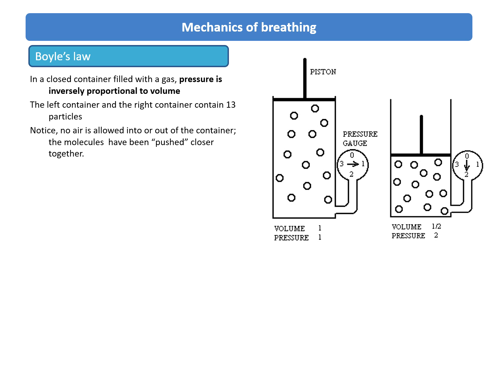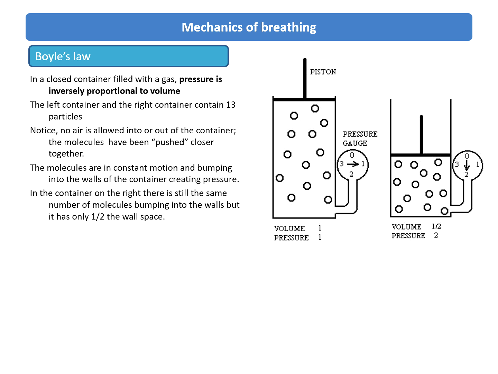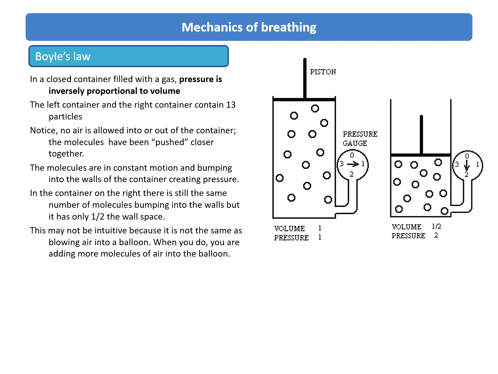The molecules have simply been pushed closer together. Molecules are in constant motion. They're bumping into the walls of the container, creating pressure. In the container on the right, it still has the same number of molecules bumping into the wall, but it only has 1/2 of the wall space.